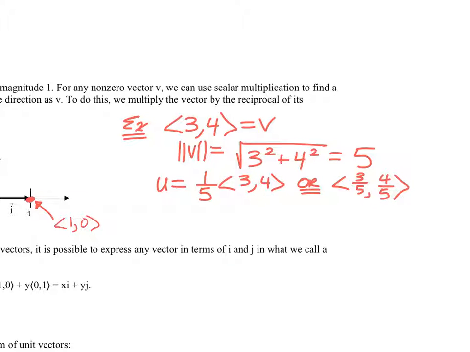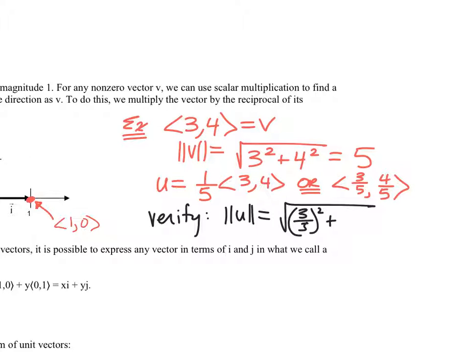All right. Now I'm just going to verify it. I can find the magnitude of U. That's going to be equal to the square root of 3/5 squared plus 4/5 squared.